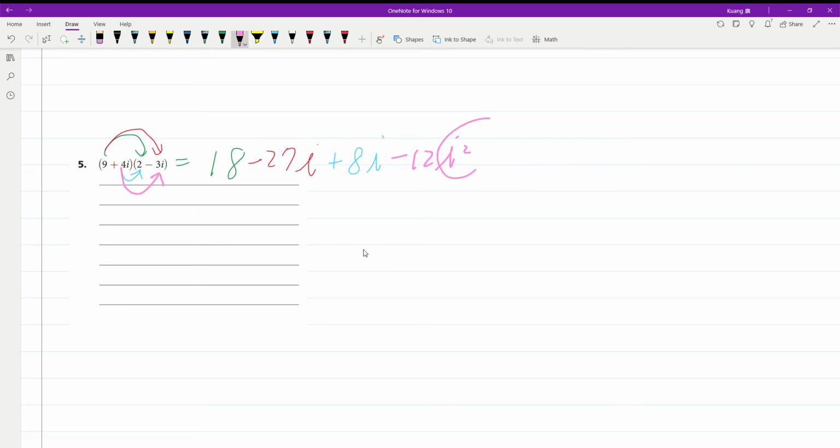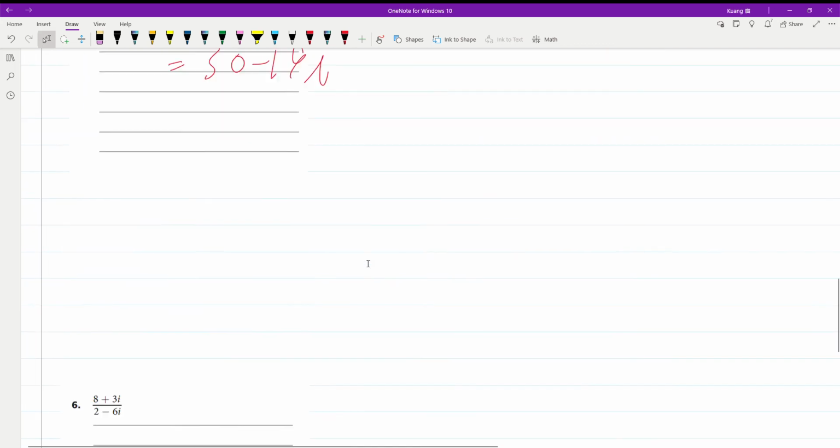So this makes it positive 12. So 18 plus 12 equals 30. And then negative 27 plus 8 is negative 19. This is the answer.